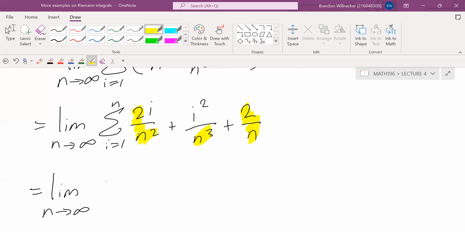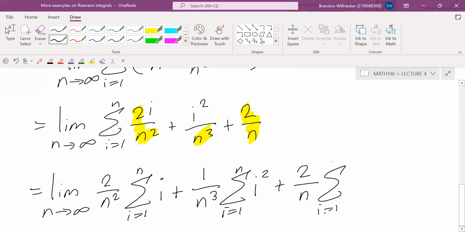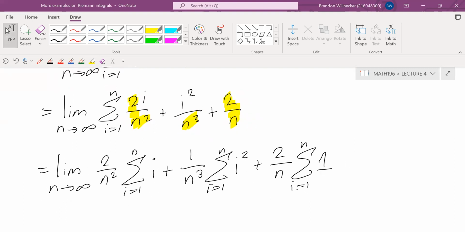So this will become 2 over n squared, the sum from i equals 1 to n of i, plus 1 over n cubed, the sum from i equals 1 to n of i squared, plus 2 over n, the sum from i equals 1 to n of 1. I just separated the summation out and factored out everything that doesn't depend on i.